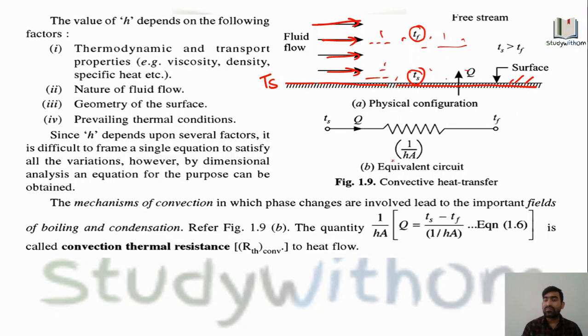What will happen? There will be a heat transfer because of the temperature difference from the surface towards the fluid. Why is it so? Because the temperature of the surface has been considered as higher than the temperature of the fluid which is flowing past the surface, and this fluid is called the free stream.